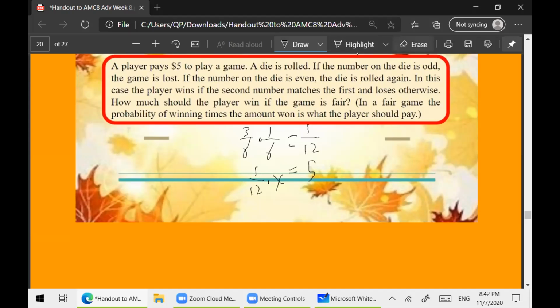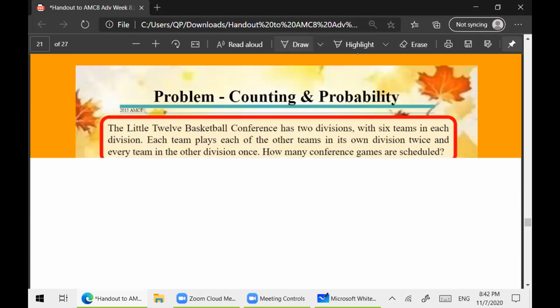Technically, it's 1/12 x minus 5 equals 0, and so x equals 60. So the player should win $60 if it's a fair game. But clearly, it won't be a fair game in real life.